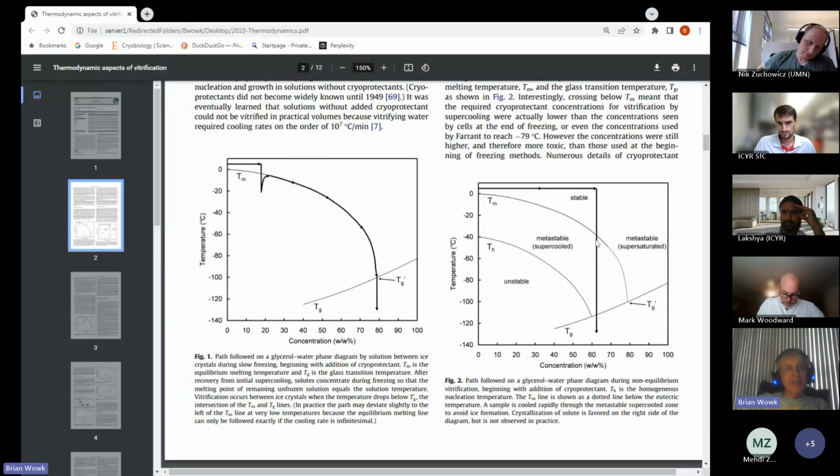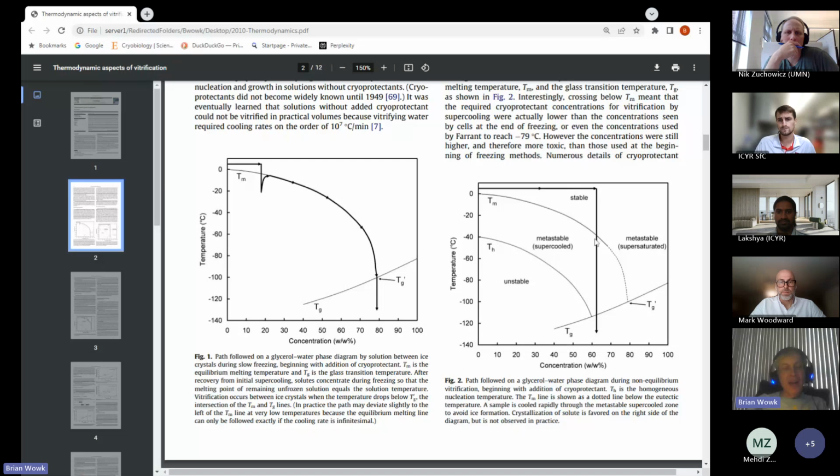So that's 80 degrees below minus 40, which is about minus 120. It's only an approximate empirical relationship, which is why you find that for most cryoprotectants, a concentration corresponding to a melting point of minus 40 degrees is actually the minimum concentration needed to vitrify.